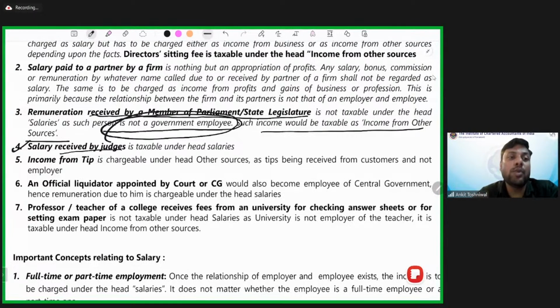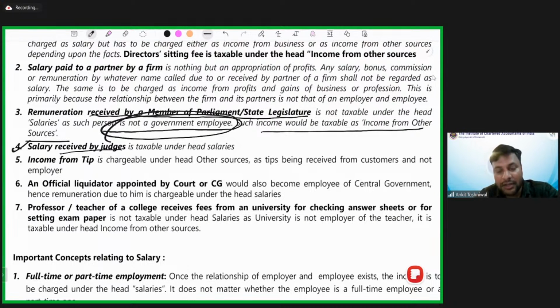This is the concept that you have to remember. An MP or MLA is not an employee of the government. So there is no employer-employee relationship and it is taxable under the head other sources.